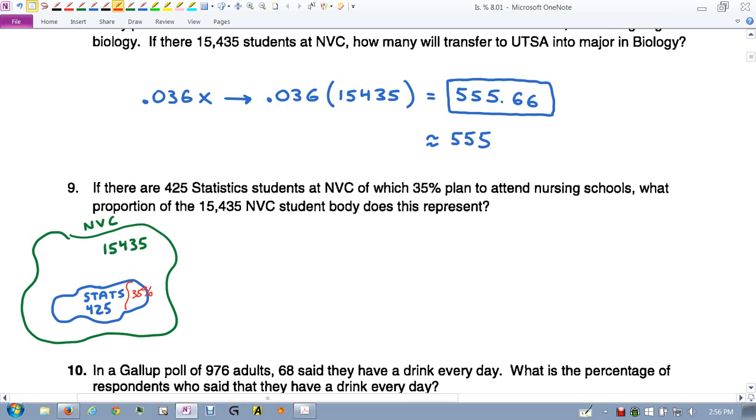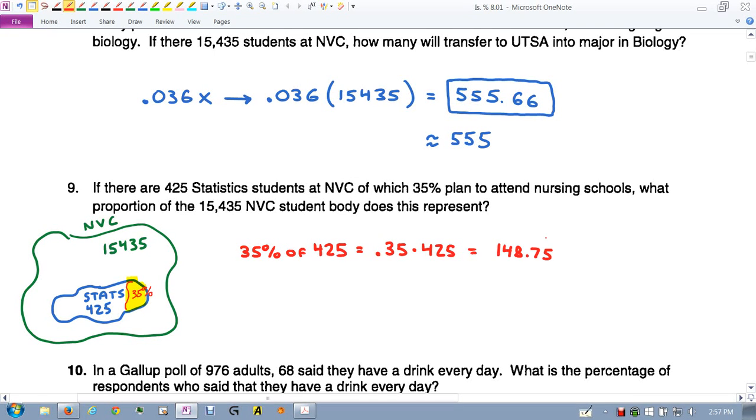So that group right there, in yellow, is 35% of the 425 stat students, right? That is 0.35 times 425. Go ahead and get that on a calculator. 148.75.